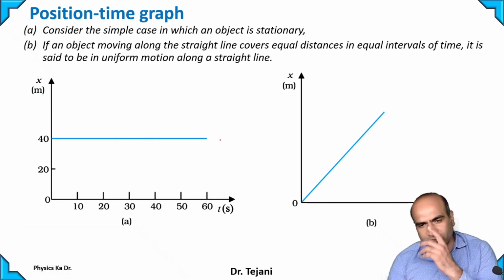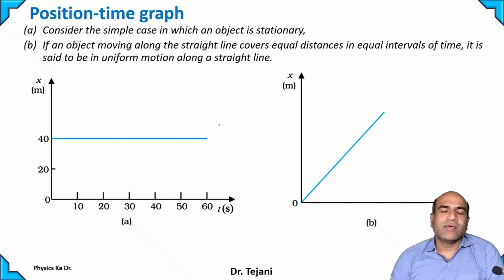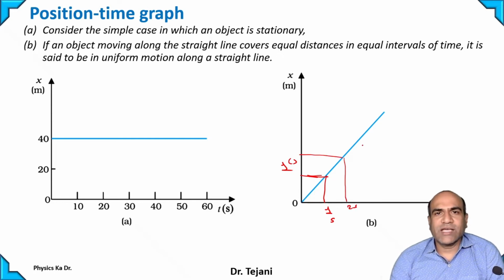In the second case, say, for example, you are driving your vehicle at 1 meter per second. It means if 1 second passes, you travel 1 meter. 2 seconds pass, you travel 2 meters, 3 seconds pass, and so on.